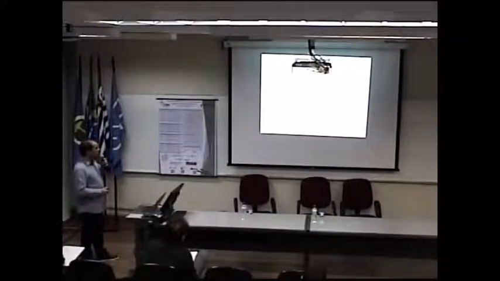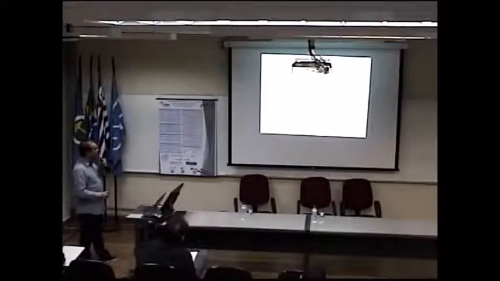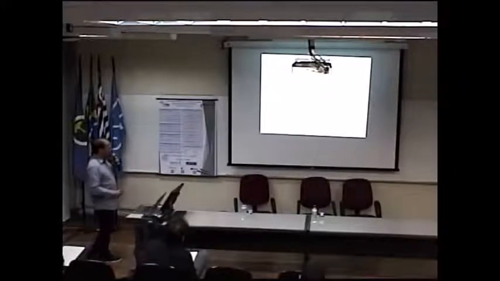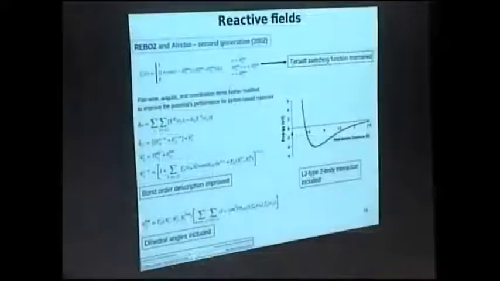Then you have the second generation of the Rebo family. Then we have the Rebo 2 in 2002. The idea was to, again, use the same switching function, but change something in the bond order, and include, in this case, the dihedral angles, the four-body terms.